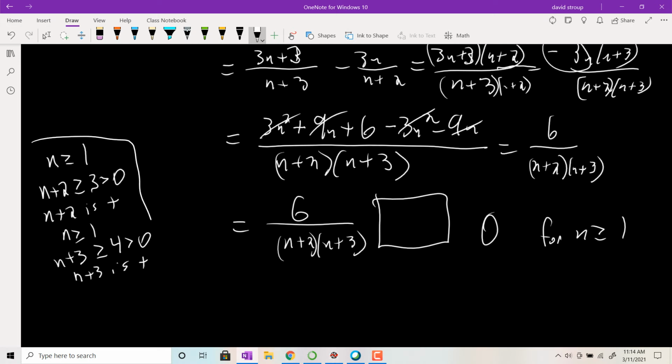Well, so what? Well, look at that expression. I have 6 all over n plus 2 times n plus 3. And regardless of what n is, because n is greater than or equal to 1, n plus 2 times n plus 3 is a positive times a positive, which is positive. So at the end of the day, I have a positive over a positive, and a positive over a positive is positive.